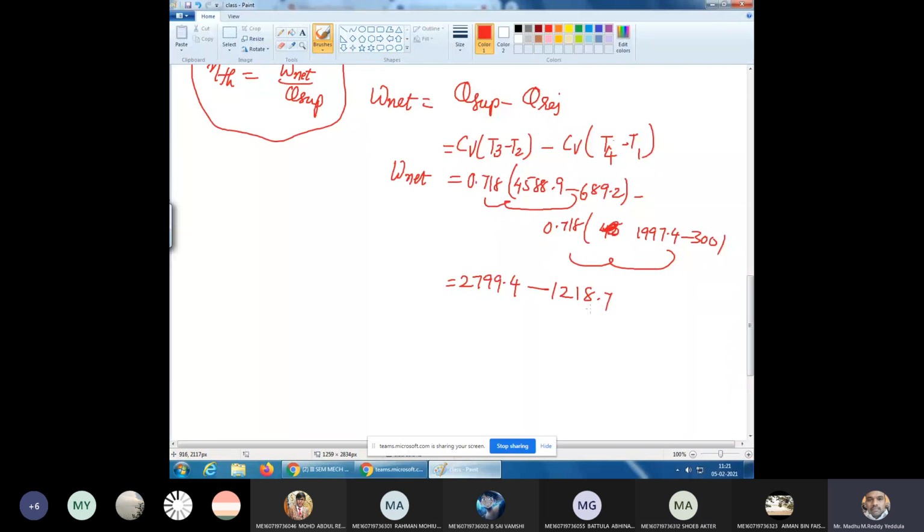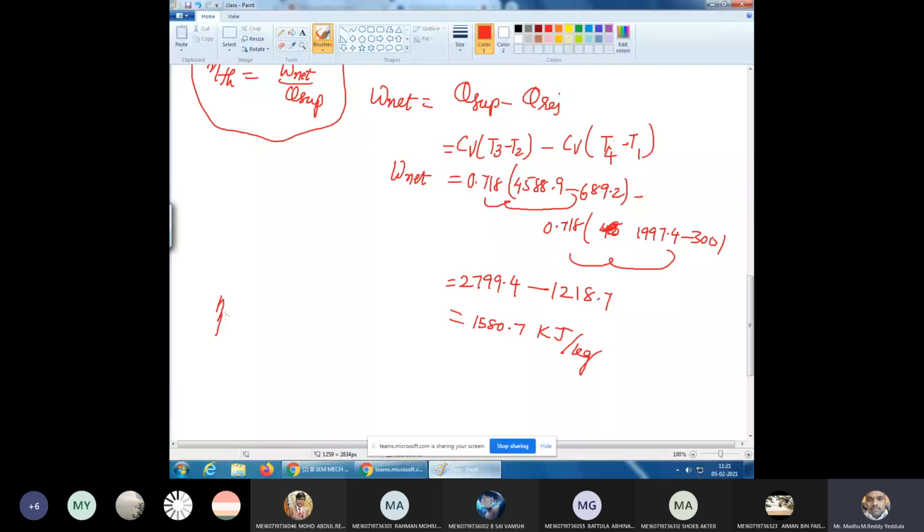What is the total value? 1580.7 kilojoules per kg. W net, right?